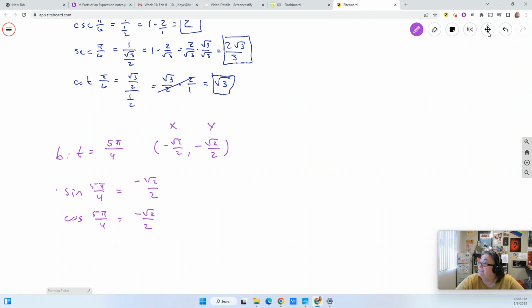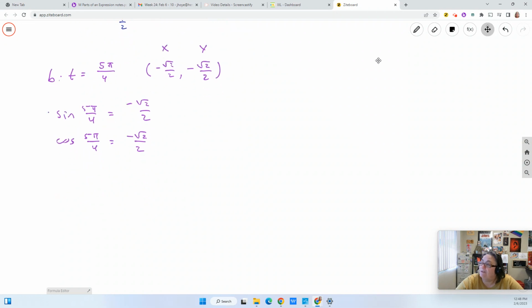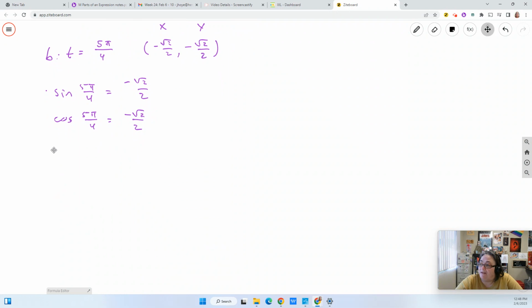But now it's going to get a little bit more complicated for us because we're going to have to do some work on it, right? When we look at this tangent of 5 pi over 4, we're left with negative radical 2 over 2 over negative radical 2 over 2. That's going to make this positive for one, because a negative times a negative is a positive.